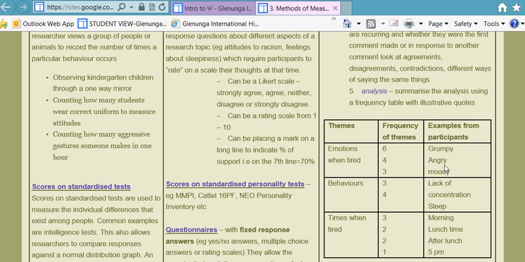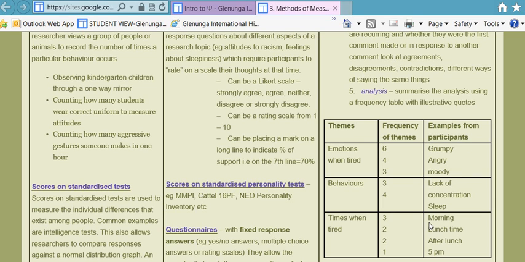And some of them, they get angry. There is a huge difference between being grumpy and angry. And the smaller part of my sample, almost 1/4, 25% of my sample, becomes moody. Okay? Grumpy, angry, moody is not the same thing.